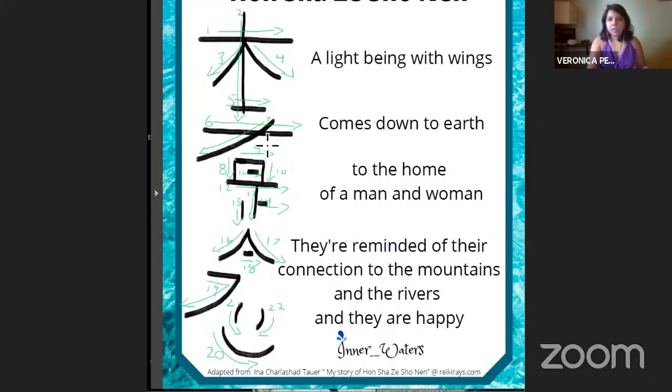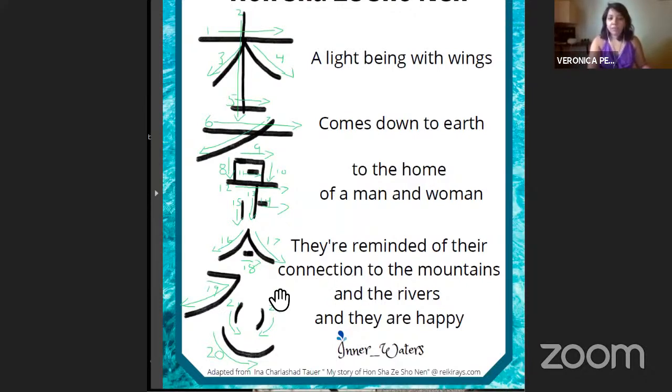So here's the earth and is sliding down to a home of a man and a woman. So here we have the home, here we have the man, and here we have the woman. They are reminded of their connection to the mountains. So here we have our mountain, and I picture that line like the snow line on a mountain, like when you're a kid and you're drawing the snow on there.